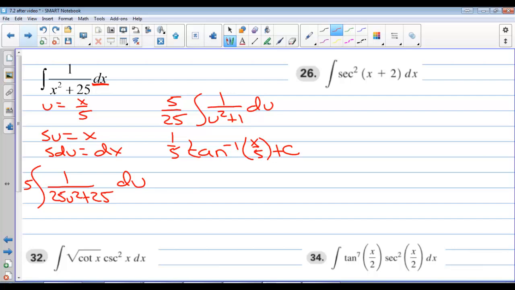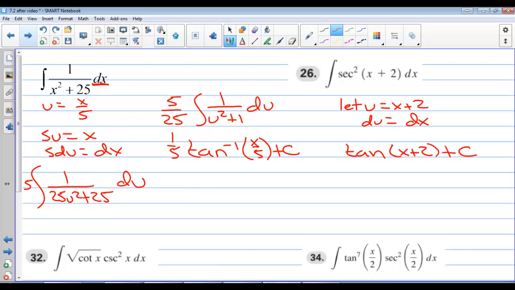Any questions on those two? It's all the same every single time. 26, we need a function and its derivative. We can let u equal x plus 2, du equals dx. But do we really need all that? Because the antiderivative of secant squared is tangent of x plus 2 plus c.